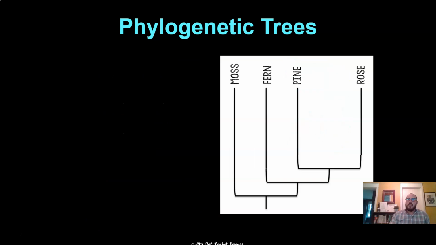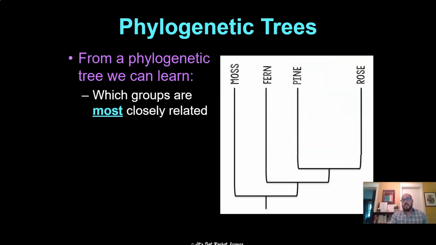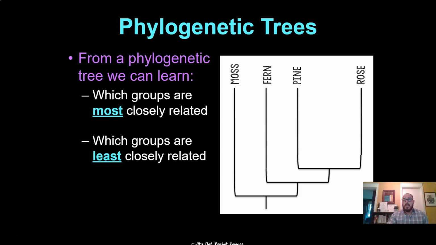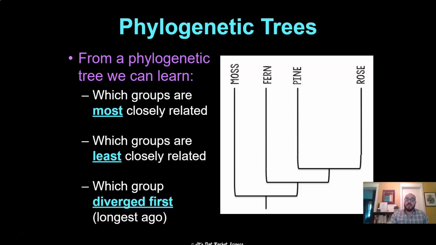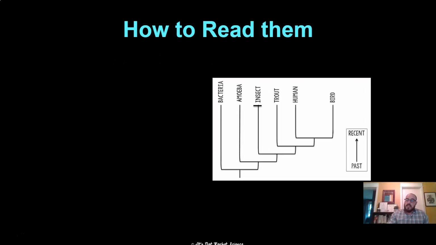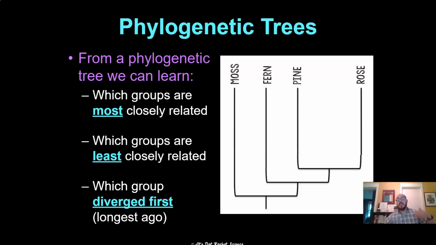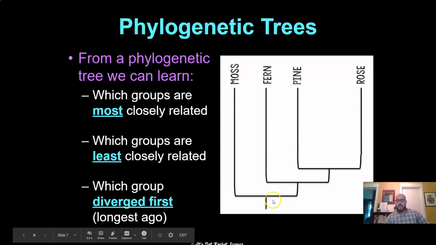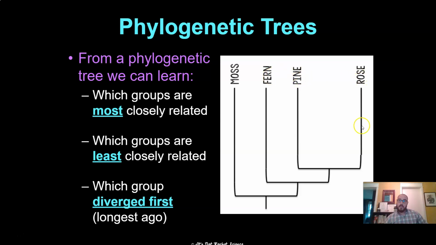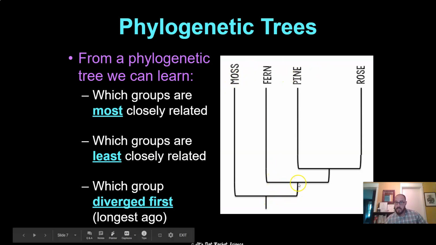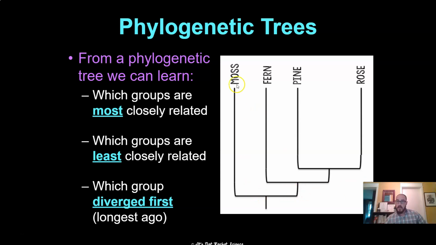All right, so let's get into how we read these things. We can learn what groups are most closely related, and we can learn which groups are least closely related, and we can learn which groups diverged first or the most long ago. So what's really cool about this is it's showing you right here that a fern, a pine, and a rose are all going to have the same relationship to a moss as one another, because you can see here these guys diverge, they all go this way, and our moss goes this way.